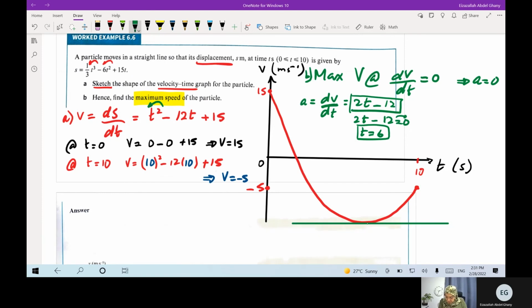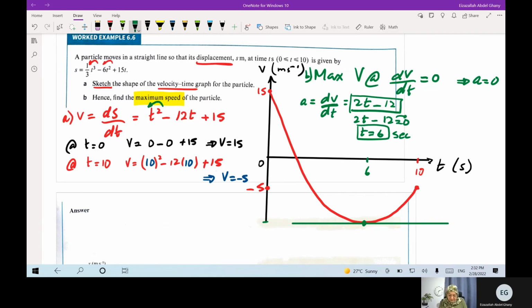But for a cubic function, we don't call it vertex, okay? So this vertex is at 6. Yes, but velocity will be how much? We simply can calculate it, right? So this point is 6 on the x-axis, 6 seconds. You can substitute just to find it.